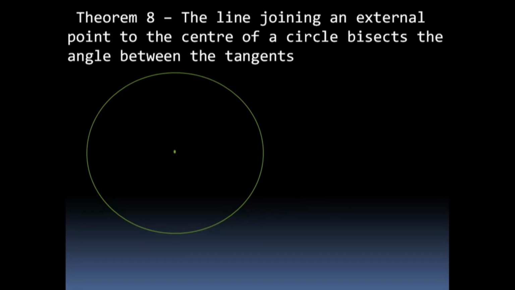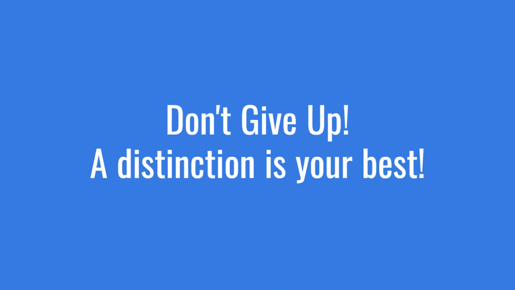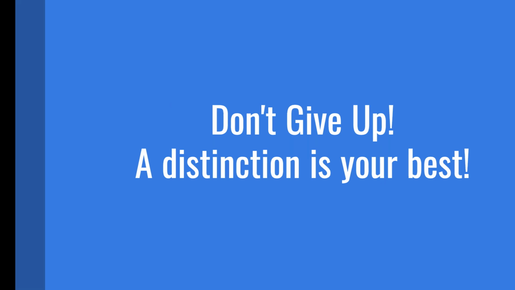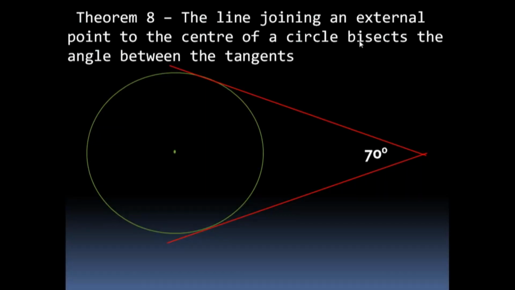Theorem 8. The line joining an external point to a circle bisects the angle between the tangents. Well, that's a little bit confusing, so let me look into what it says here. The line joining an external point to the center of a circle.